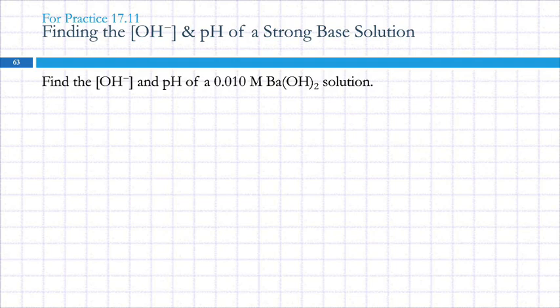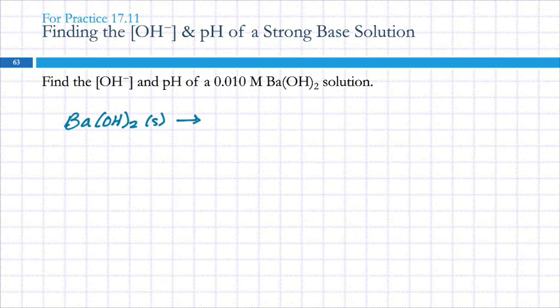Okay, so this one's a strong base, barium hydroxide. It also says strong base right up there. So it's asking for the hydroxide ion concentration and the pH. Well, it's always a good idea to write the equation. So barium hydroxide, I think we do put it down as a solid.